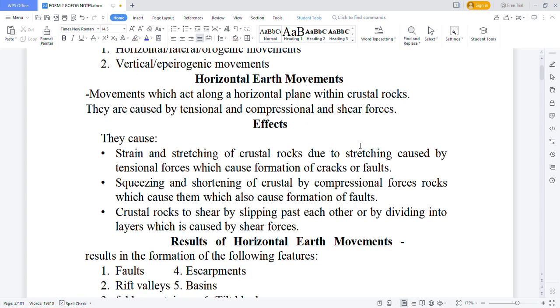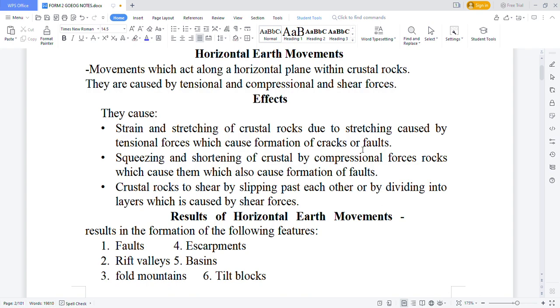What are the effects of horizontal earth movements? Number 1, they cause strain and stretching of crustal rocks due to stretching caused by the tensional forces, which cause formation of cracks or faults. Number 2, they cause squeezing and shortening of crustal rocks by compressional forces, which also cause formation of faults.